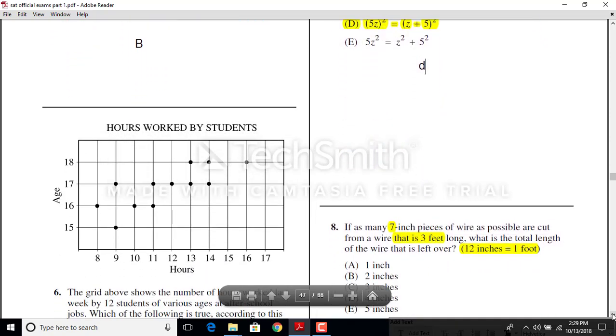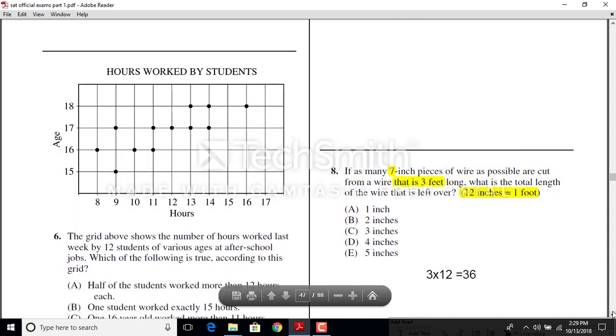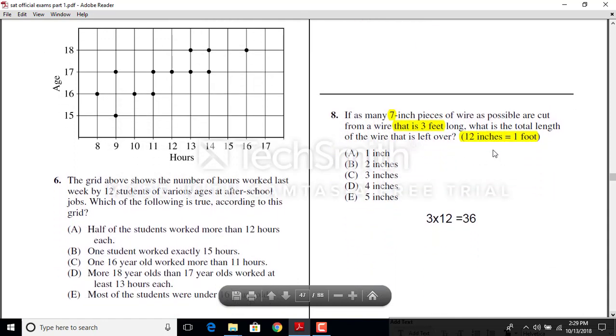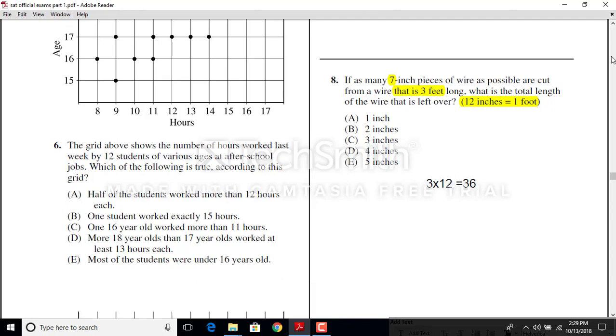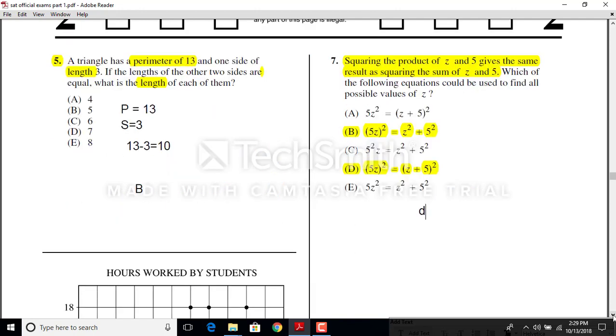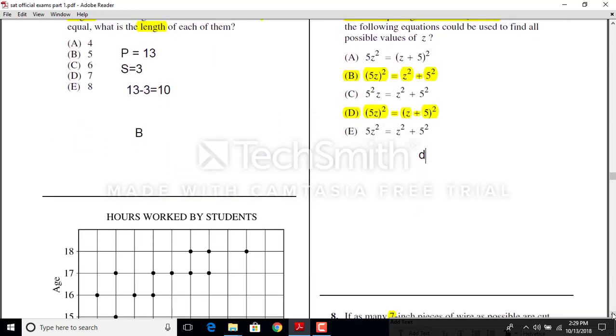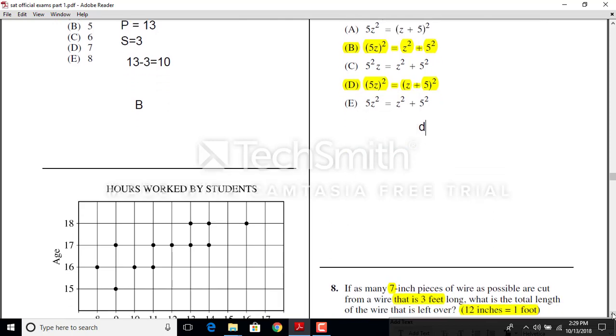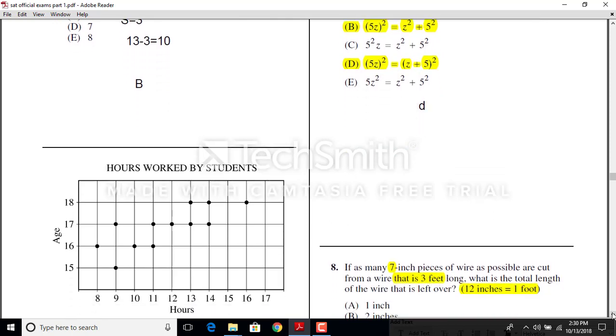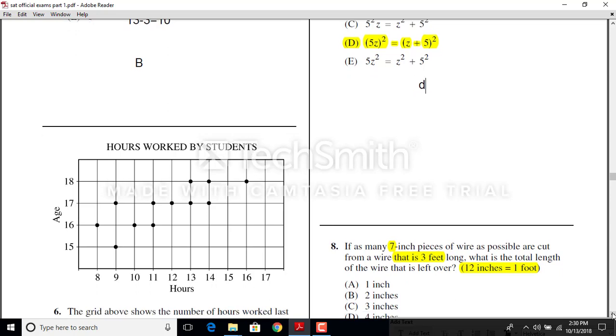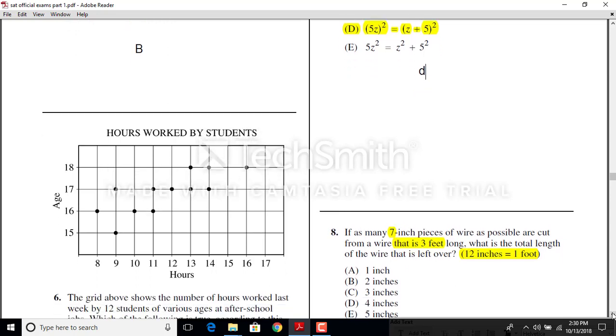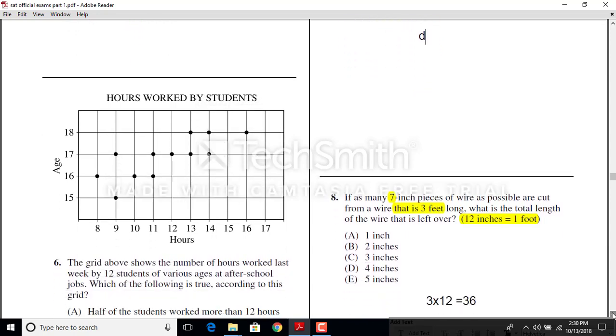Yes, we have here a table. It expresses the number of hours worked by students according to their ages.